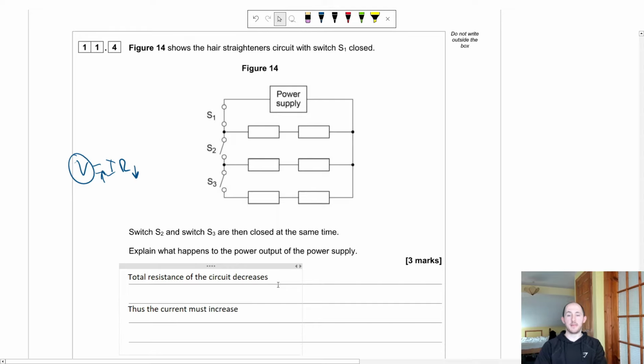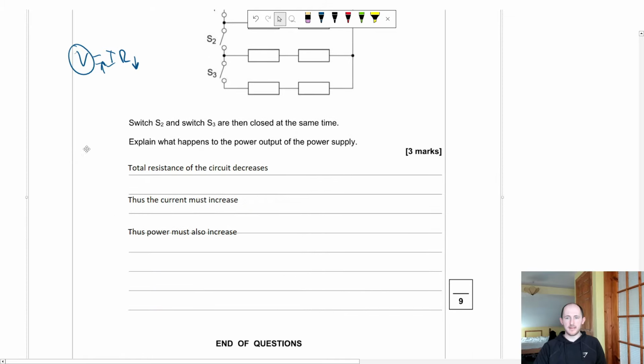And if you remember P equals IV, power must also increase. So again, voltage is constant, but because we've decreased resistance, current has to increase. That means because of, again, P equals IV, we've increased this and this has stayed the same. Power must also increase. And that brings us to the end of this one.